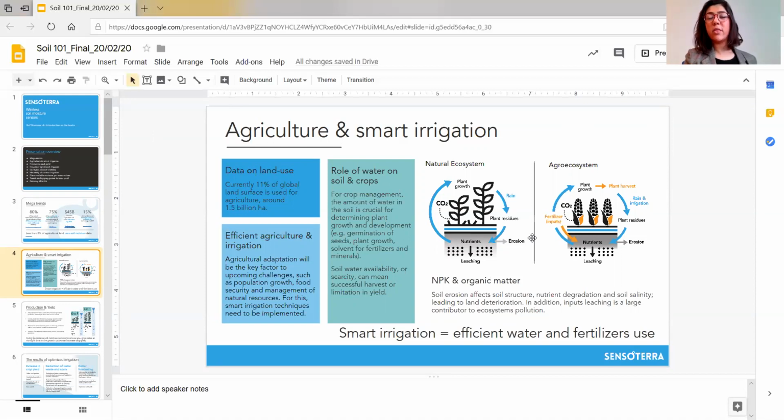So, for example, we have plant harvest, we have plant soil erosion, there are fertilizers and pesticides inputs that can eventually leach to the groundwater. So all of this, we are talking about optimizing natural resources to produce more yield, so grow more, waste less. So the importance of smart irrigation to make a better use of water and fertilizers applications.